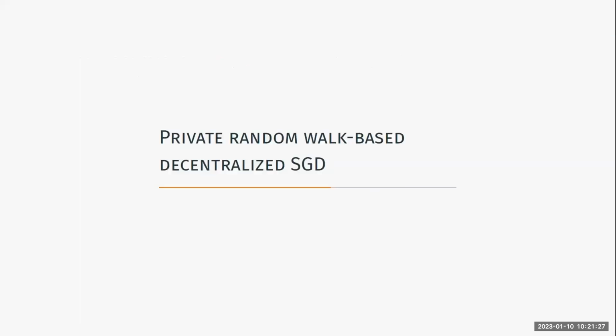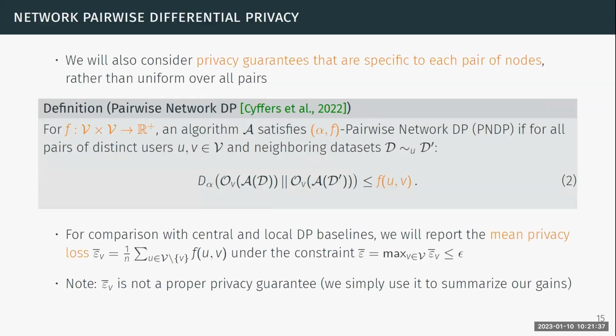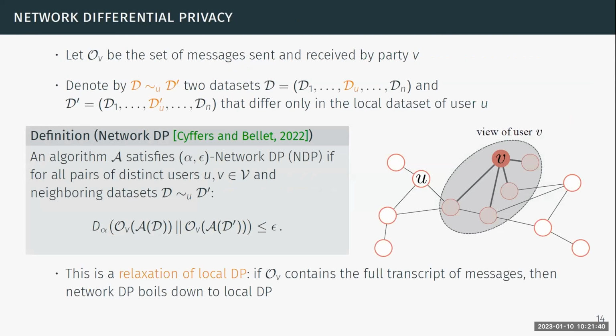Sorry, I just have a question about the assumption you made that user V only sees the messages that come to it. It's rather a strong assumption. Yes, we're relaxing a little bit. Maybe I should make clear that typically this graph is public, so everybody knows the graph topology.